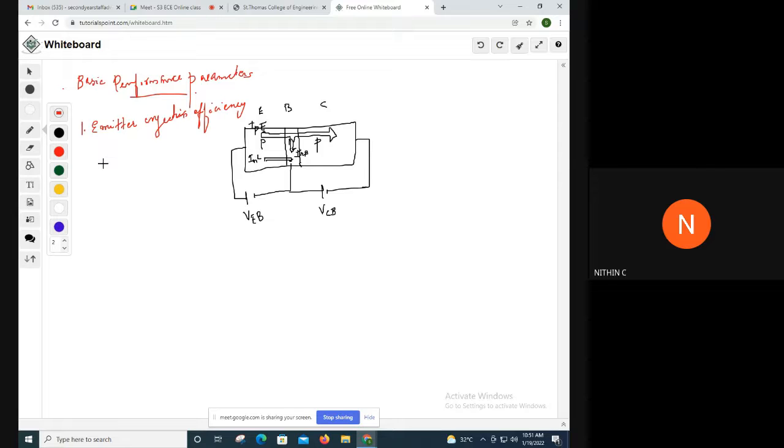So emitter injection efficiency is defined as the effectiveness in injecting charge carriers from emitter to base rather than from base to emitter. You can note down that effectiveness.